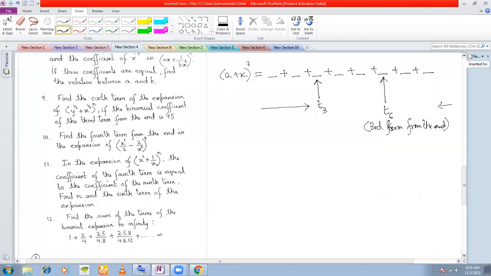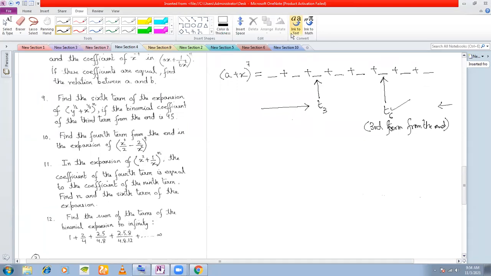So how do we deal with questions where they say third term from the end, or fourth term from the end? What we do with such questions is, if they say third term from the end, we try to bring it down to T6, that is the sixth term from the beginning.